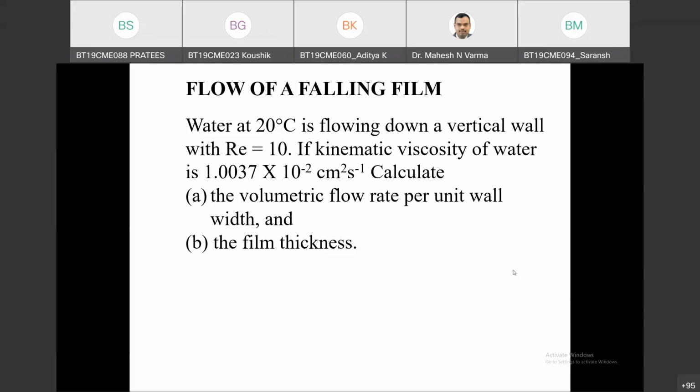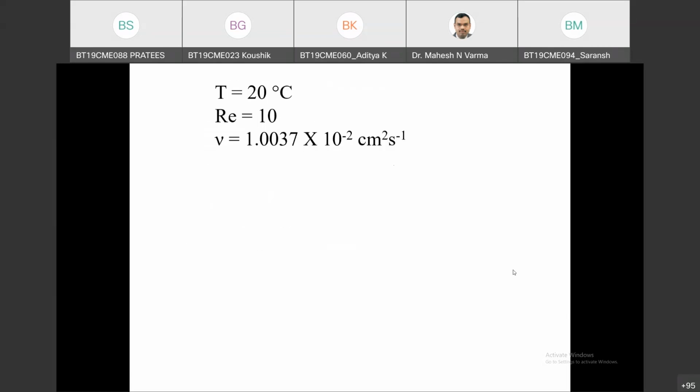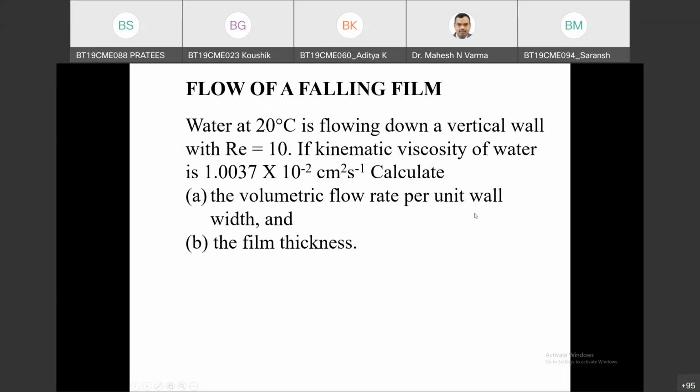So, has anybody got the volumetric flow rate? Rearrange your model equation. Temperature need not be used actually; it is not used at all. You need Reynolds number and nu. This is the definition of Reynolds number. You will have average velocity, and this average velocity will be related to volumetric flow rate. So you can see average velocity, density, and this is volumetric flow rate per unit width.